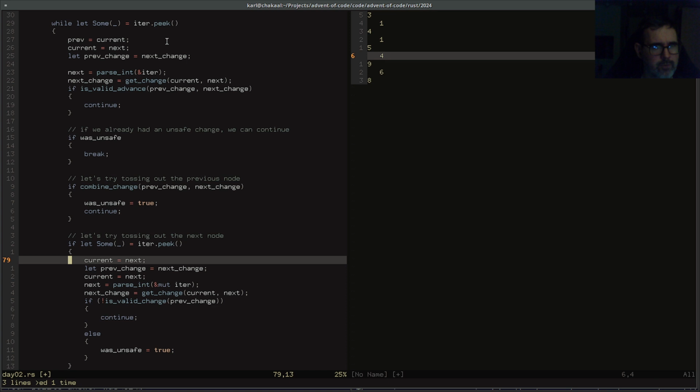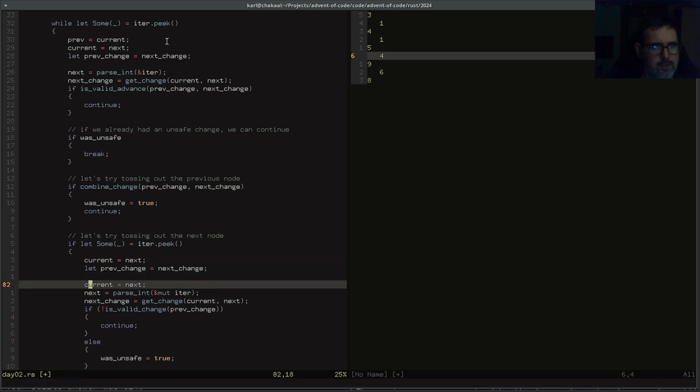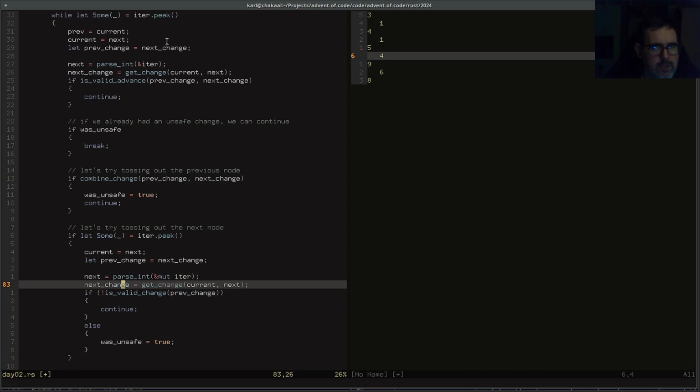Actually, we don't want to set previous. We want current to be next. We want the previous change to be the next change. And we want to parse another int. And we want to get that change.